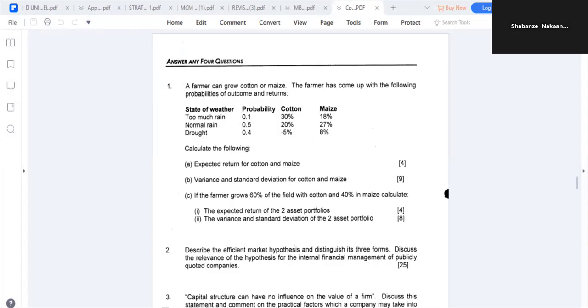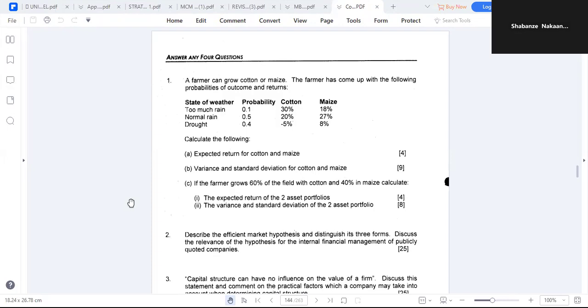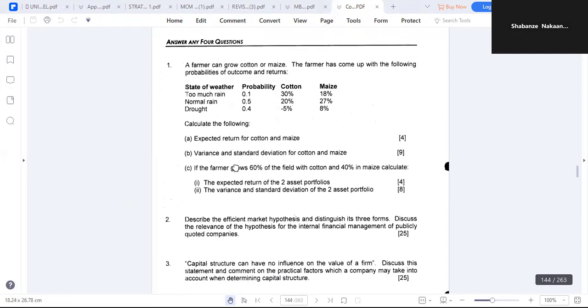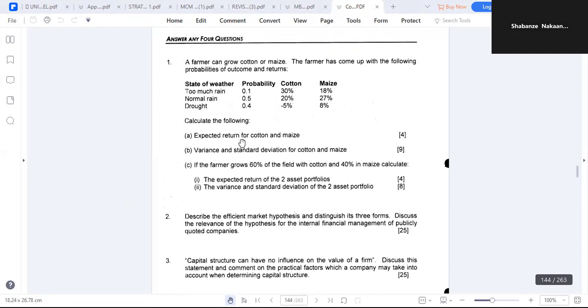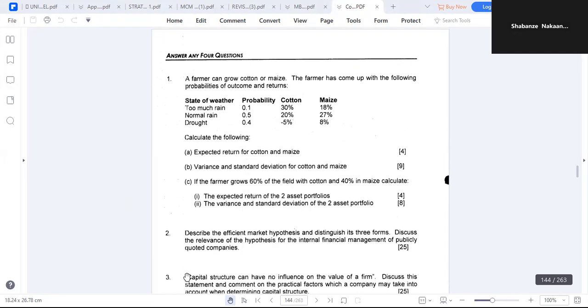So we're going to look at this example from the exam where a farmer can grow maize and cotton. So the following were the outcomes. We're being asked to calculate the expected return for each as well as the standard deviation for each.